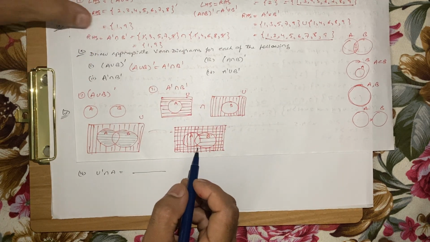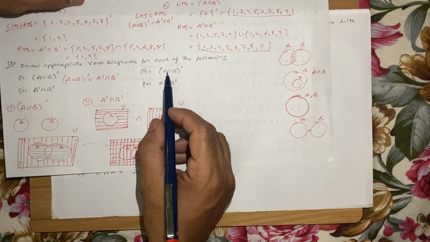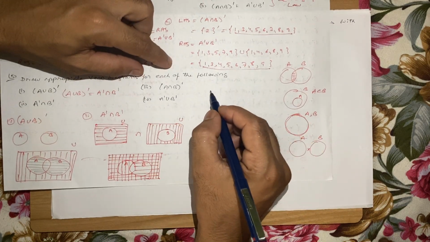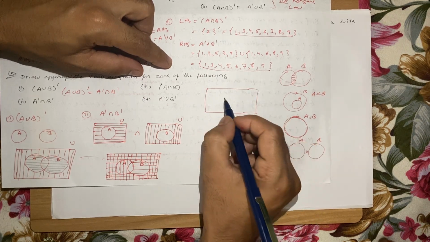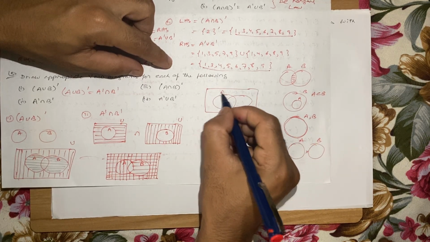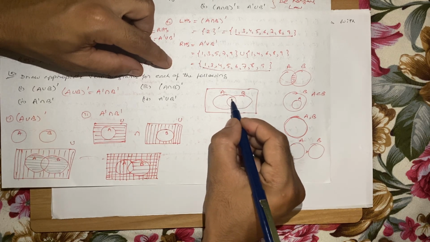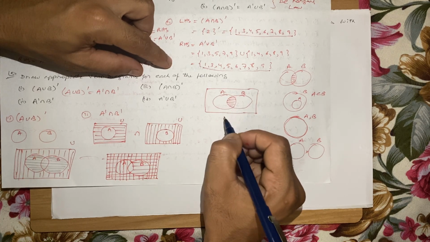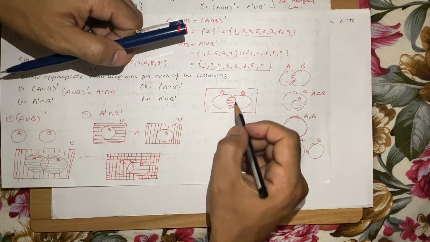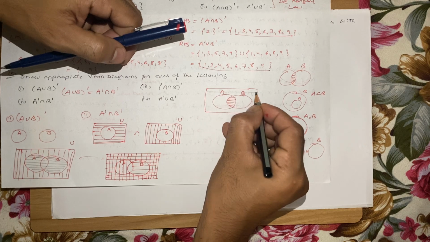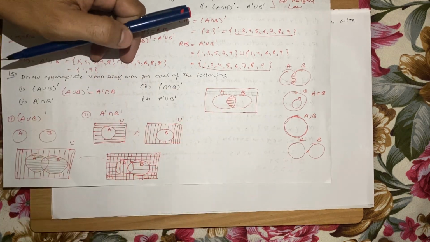Now the next one is A intersection B complement. So what is A intersection B? When you have a universal set and A and B are together, this part is the common part, the A intersection B part. So what is A intersection B complement? Leaving behind this part, every other part, all the region that is present here.